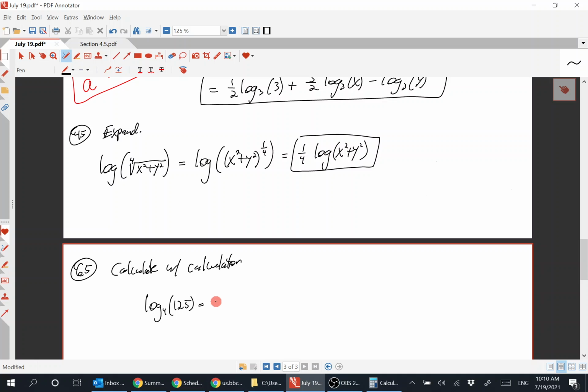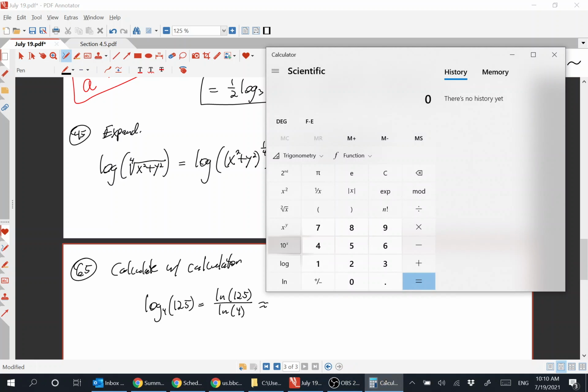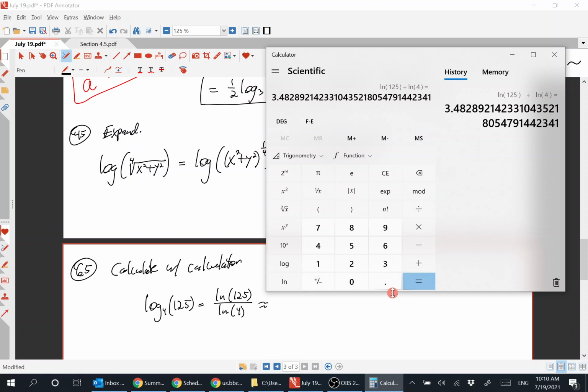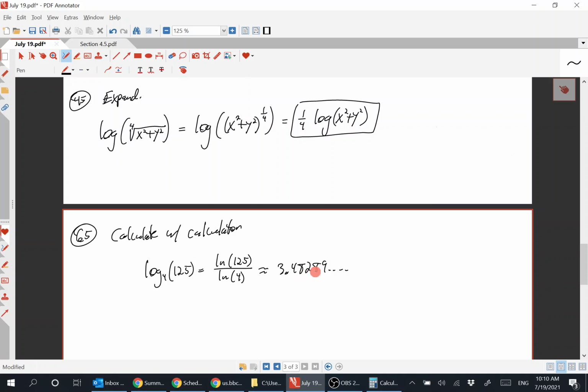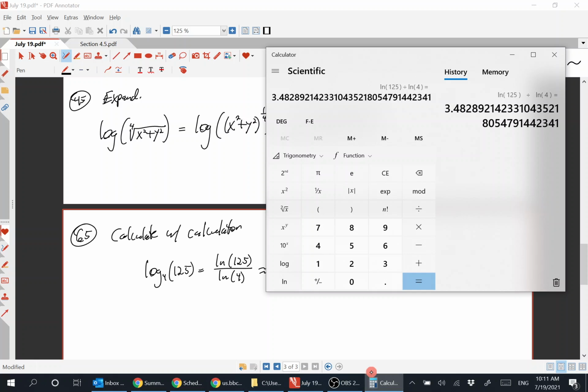So this is equal to the natural log of 125 over the natural log of 4, which is going to be, and then your log button might use reverse notation like this one does, 125 natural log divided by 4 natural log. So 3.48289. Use 6 decimal places of accuracy. That's 6 decimal places? No, that's 1, 2, 3, 4, 5. No, I need one more. 9, 2.